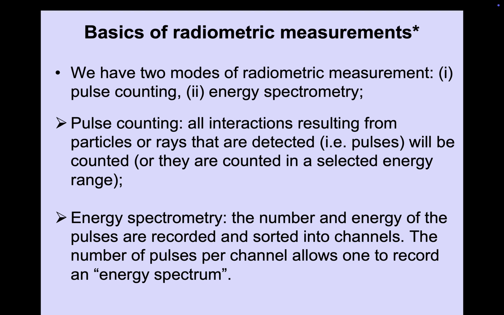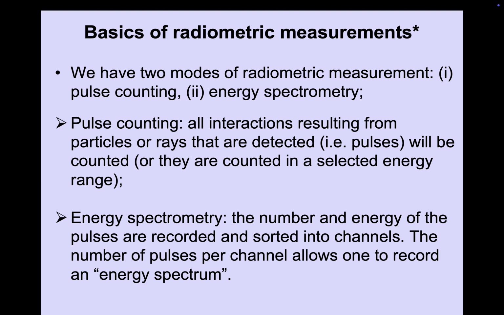For pulse counting, all of the interactions that result from the particles or rays are detected as electrical signals, electrical pulses effectively. We simply count them, and we can do bulk counts across the entire energy range that a spectrometer can count across, or count in selected energy ranges that we set before we start to make our measurements.